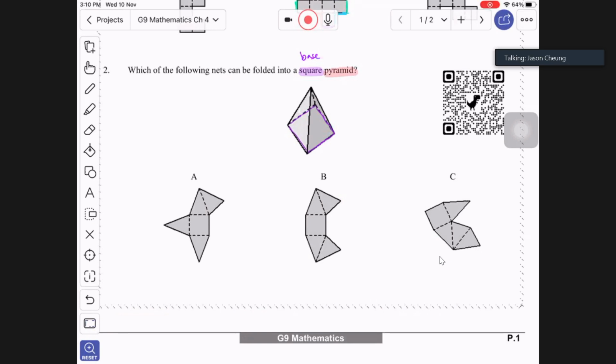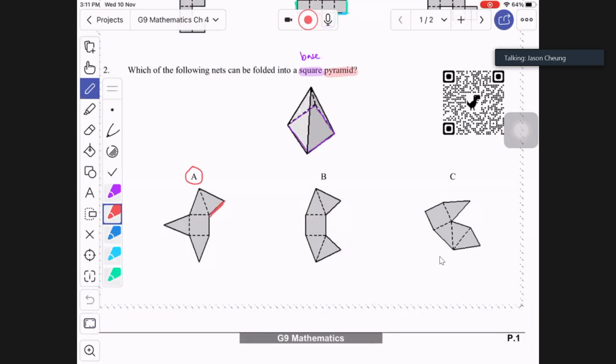Let's go to here. All right. So what is the answer here for the square pyramid? Which one would be the possible answer? Here the answer apparently is A, because we can think of it like this.